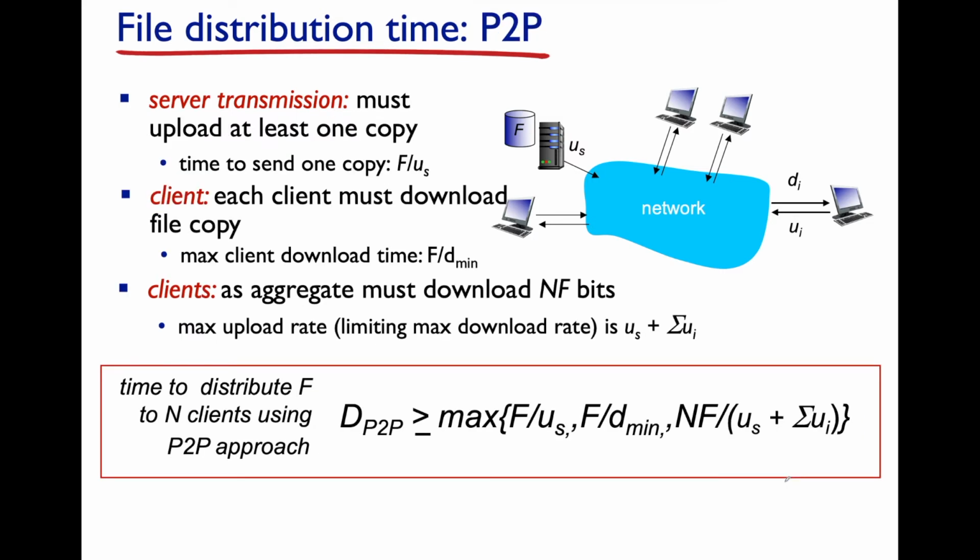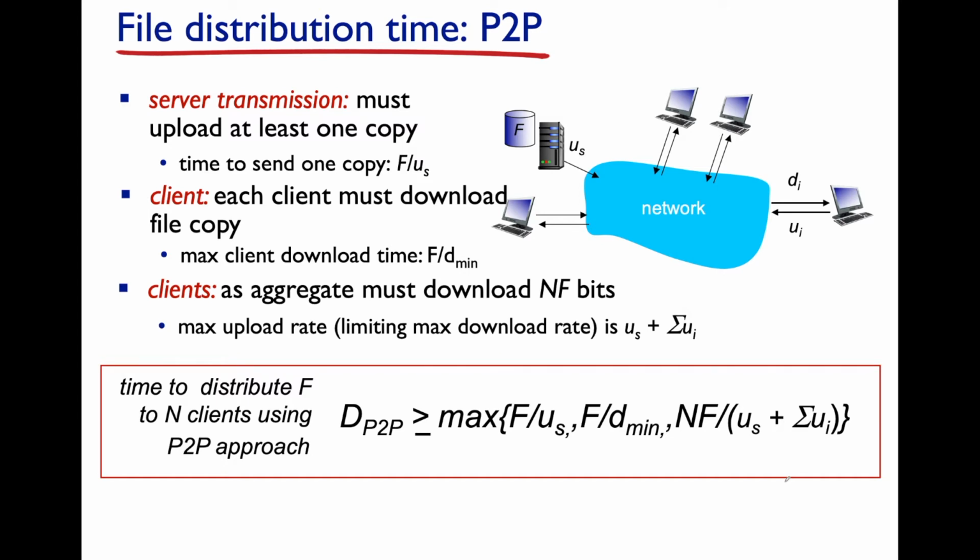So let's take a look at distributing a file in the peer-to-peer case. With peer-to-peer, we have more than one peer on the network able to distribute this file. So the server is certainly going to upload the file into the network at a time of F divided by U_S. That hasn't changed.